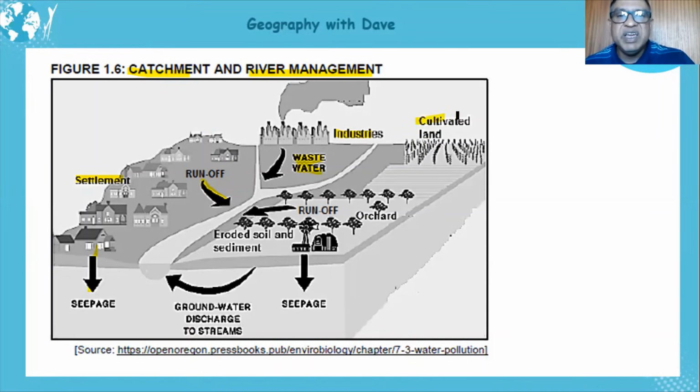We see cultivated land, all right. Of course, removal of natural vegetation, all right. We see eroded soil and sediment. Erosion has increased, all right. I don't see this nicely, but there's a windmill, it seems there. So sometimes there may not be much clarity.